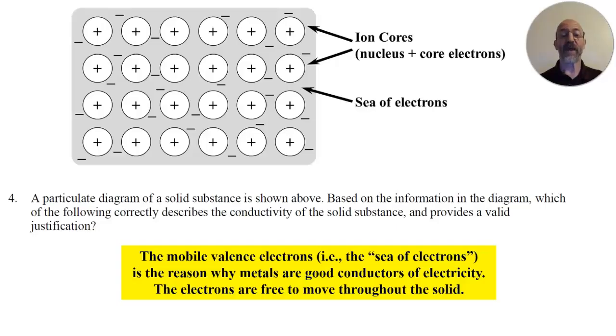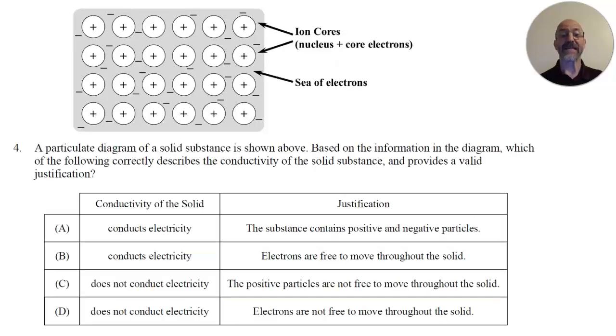So the mobile valence electrons, that is the sea of electrons, is the reason why metals are good conductors of electricity. The electrons are free to move throughout the solid. So now in question 4, we're looking for choices that say, yes, it does conduct electricity, which is either choice A or B, but the correct answer is choice B.